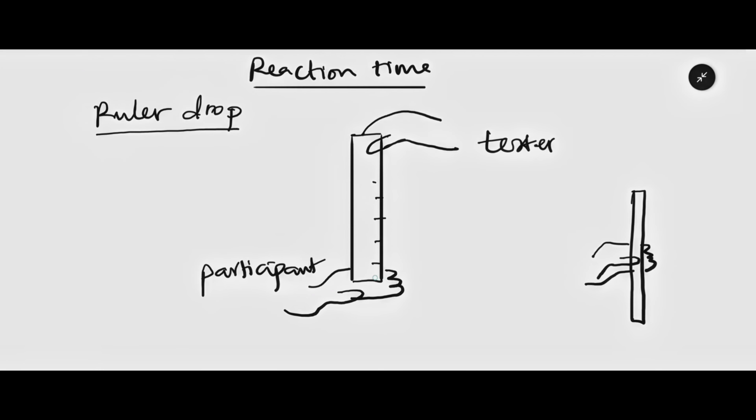So that distance from the bottom up to here will be used to measure the reaction time, or just the distance by itself could be a good enough outcome, right? Because if you get a greater distance, that means your reaction time is slower. If you get a smaller distance, for example, if you caught it when it was still all the way at the bottom here, that means your reaction time is a lot faster.